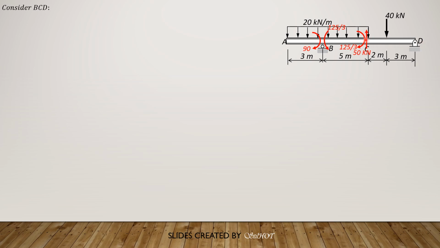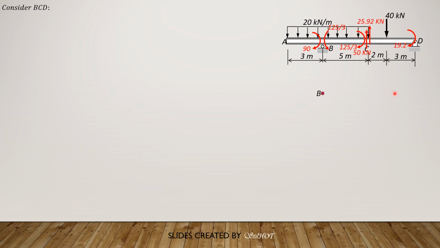For the other side, fixed end moment is 40 times 2 times 3 squared over 5 squared. So here it's 19.2. 40 times 3 times 2 squared over 5 squared is 19.2 clockwise. Here it's counterclockwise, 40 times 2 times 3 squared over 5 squared, it's 120.